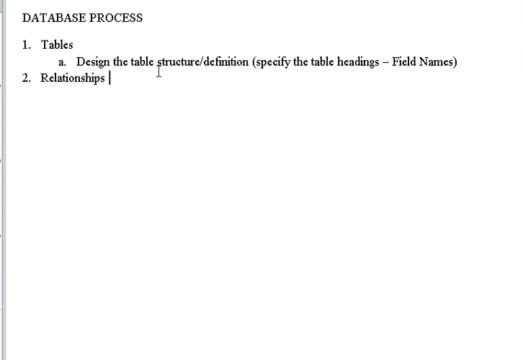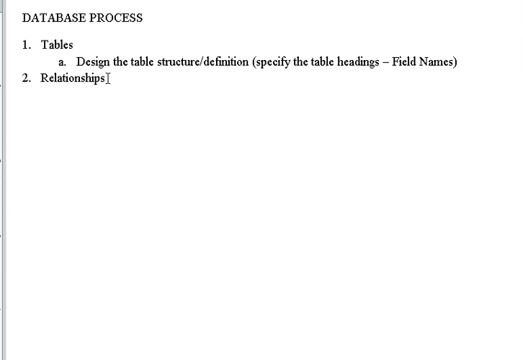A parent will have a child, right, which goes to school. So you can have a table called students and another second table called parents. And they will be connected through that student. So we'll look at an example later on.